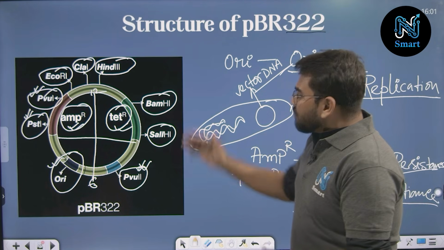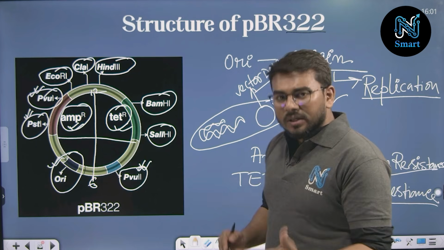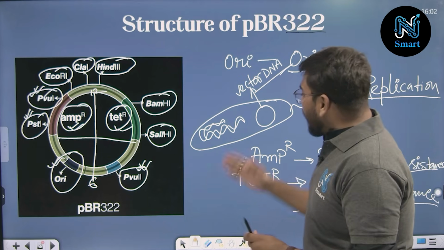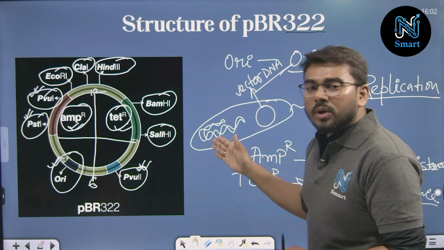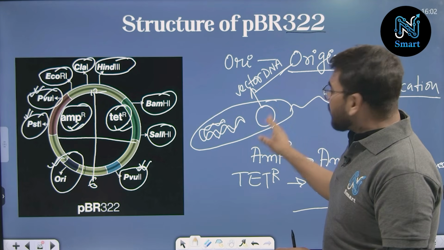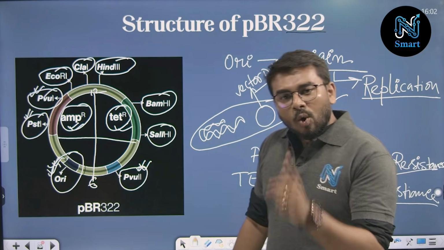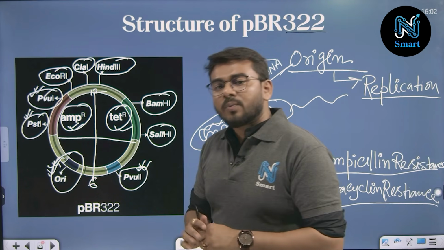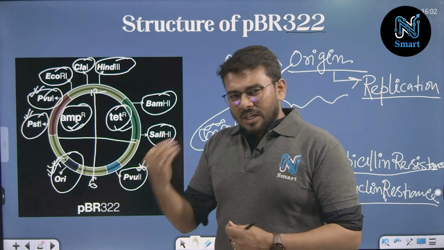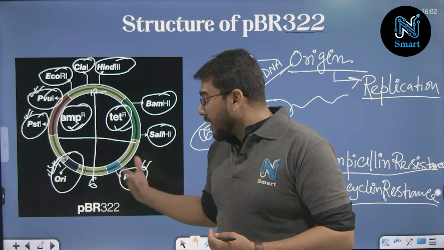That means this plasmid vector is highly recommended as the vector DNA. It is a double stranded circular DNA, though Escherichia coli already has the nucleoid as the main genetic material, along with a vector DNA, and the main part, the ORI site, is the main site where multiple copies of DNA can replicate. If we want 60 copies, 600 copies, whatever we want, we can replicate by this site.